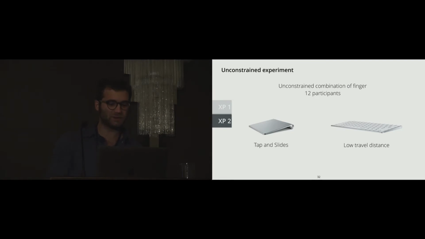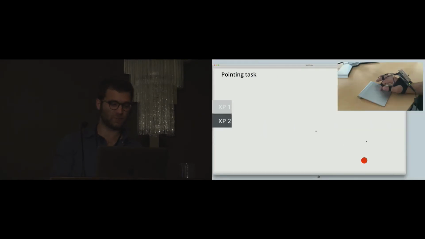We then conducted a second experiment to evaluate the robustness of WhichFingers in a non-constrained scenario using tasks representative of daily activities on the desktop computer. We asked 12 participants to complete 4 tasks that make use of a trackpad and our low travel distance keyboard.